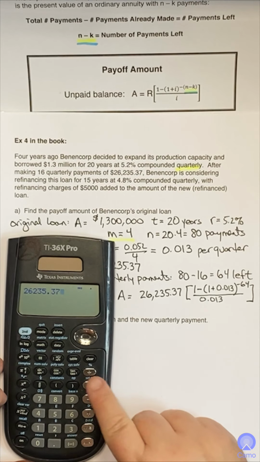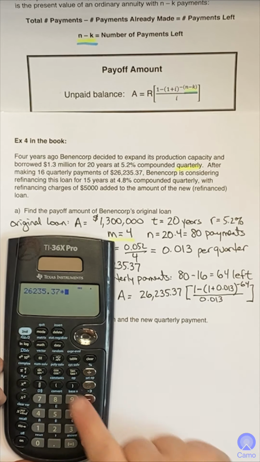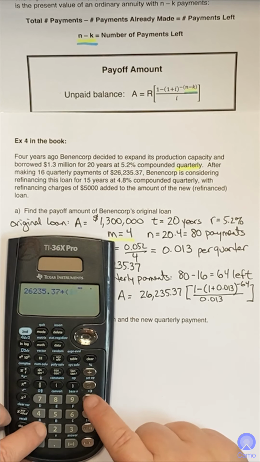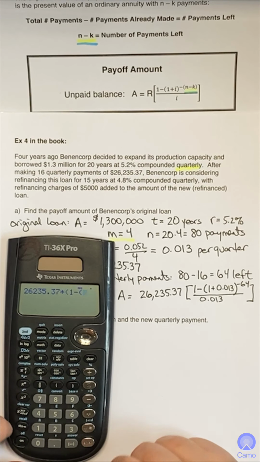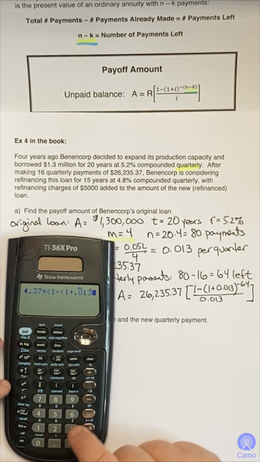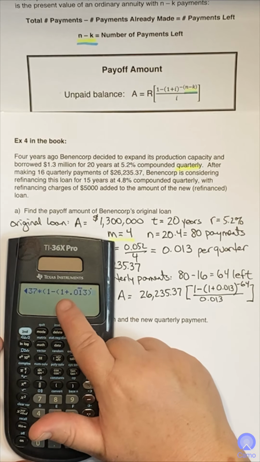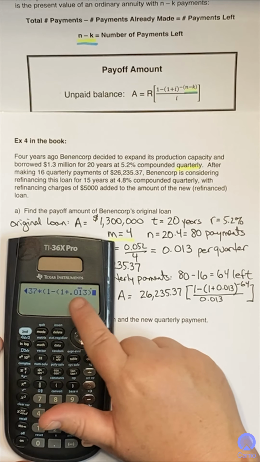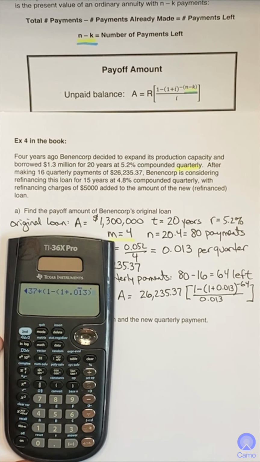26235.37 times, and again, I'm going to go across the top, quantity 1 minus quantity 1 plus 0.013, close up. Now, obviously, for this 1 plus 0.013, you could just write it as 1.013 if you want. Go for it.